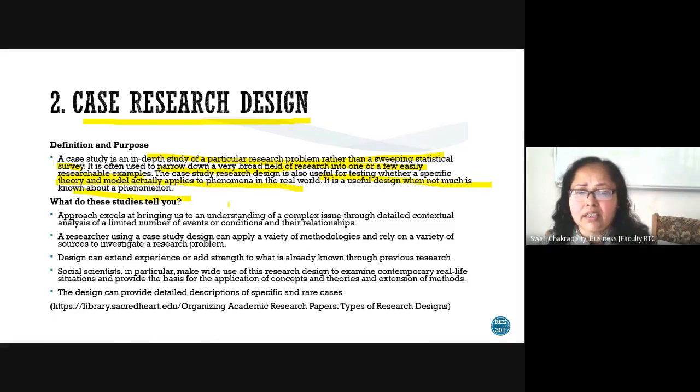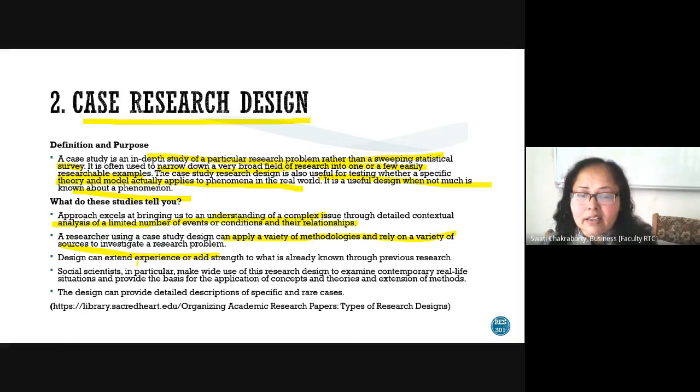What do these studies actually tell you? It helps us in understanding a complex issue through detailed contextual analysis of a limited number of events or conditions and their relationships. Also, it helps to apply a variety of methodologies and rely on a variety of sources to investigate a research problem.